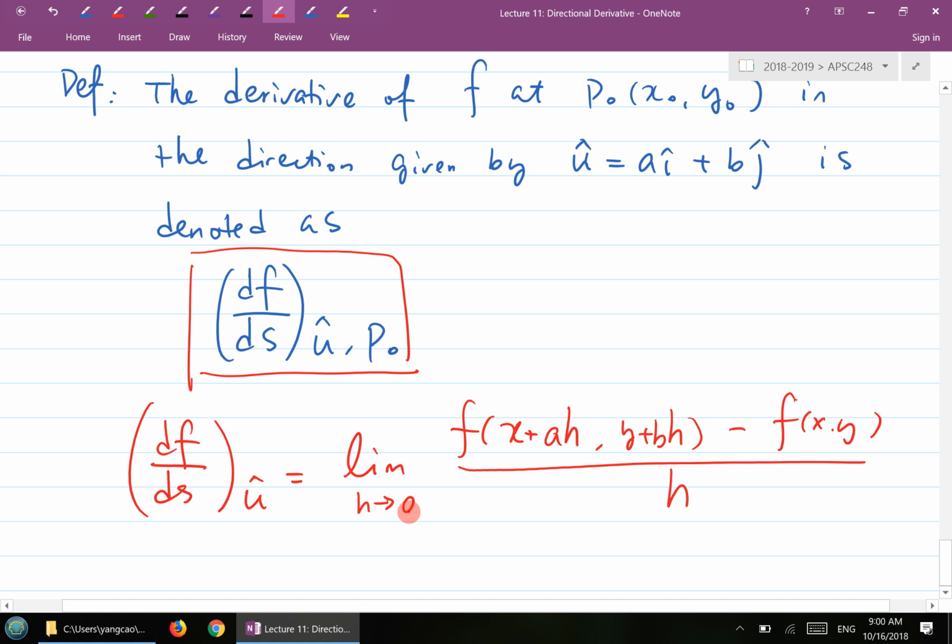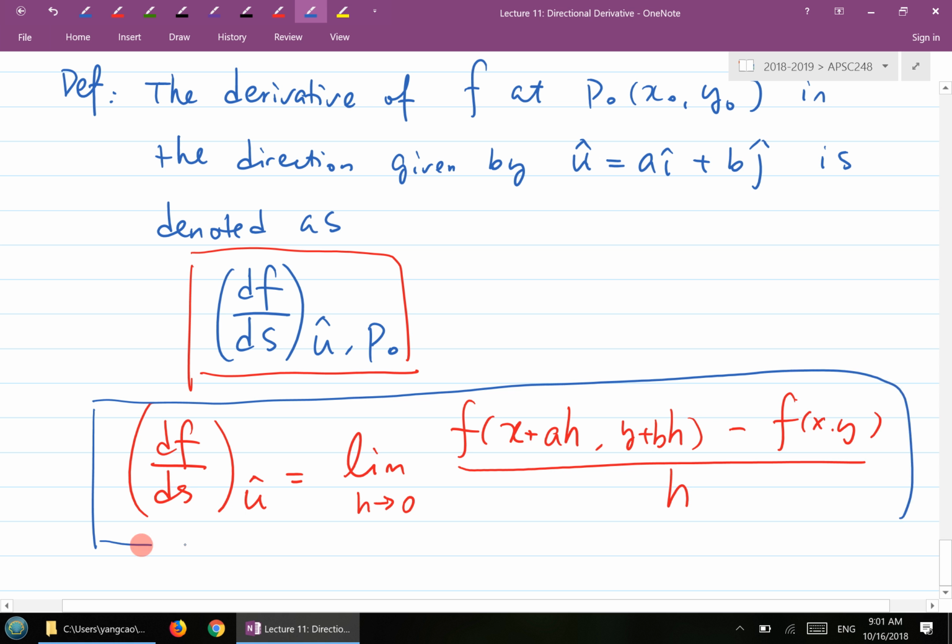And you see, this is exactly the kind of limit concept for a function of a single variable, right? So x is changing by a little bit, ah, y is changing by a little bit, bh. So altogether it's in the u hat direction. Now if you have a certain function, you can always apply this limit formula to derive the directional derivative. That's always an alternative way of doing it.